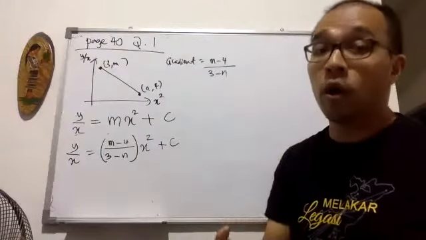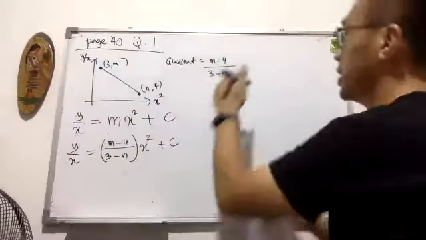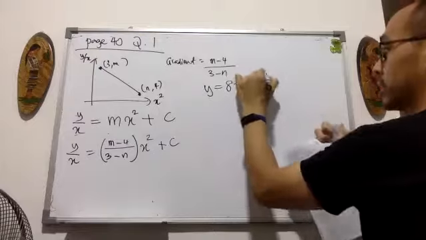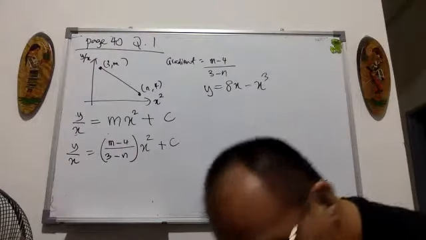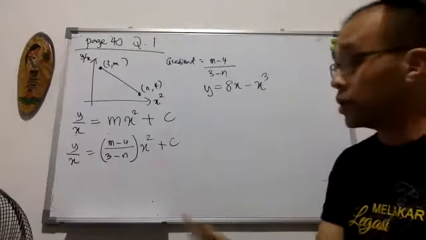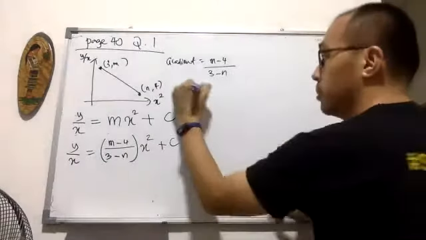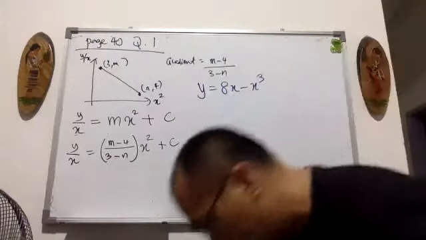Let's take a look at the original equation that the question gives. The original equation is y equals 8x minus x cubed. Now, for all intents and purposes, I'm going to change this color so that you differentiate between the one that we built and the comparison with the original equation. Now, blue color, y equals 8x minus x cubed.